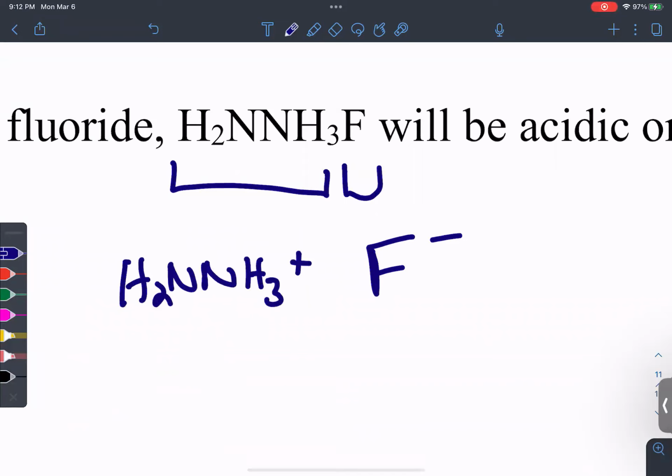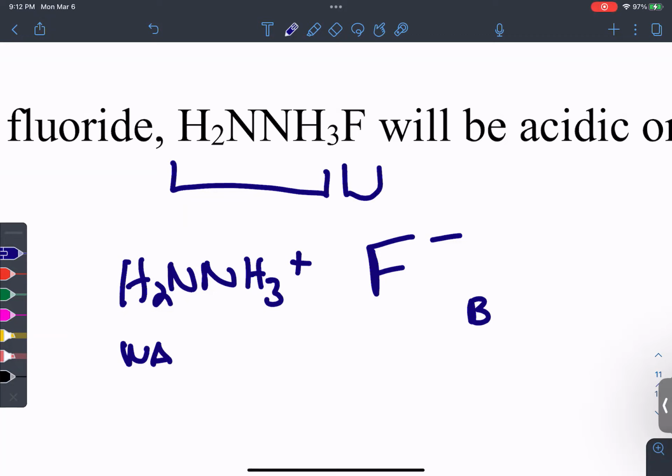Does it really matter if we know what the structure is? No, not really. We know F minus is what, an acid or a base? It is a base. But what about the other thing? That is probably a weak acid. If you squint your eyes, it looks like ammonia and ammonium.